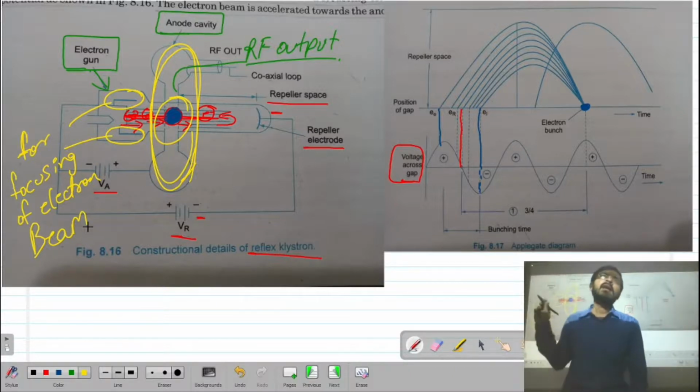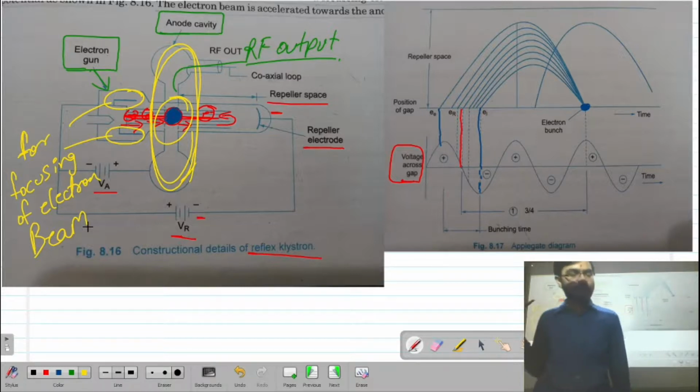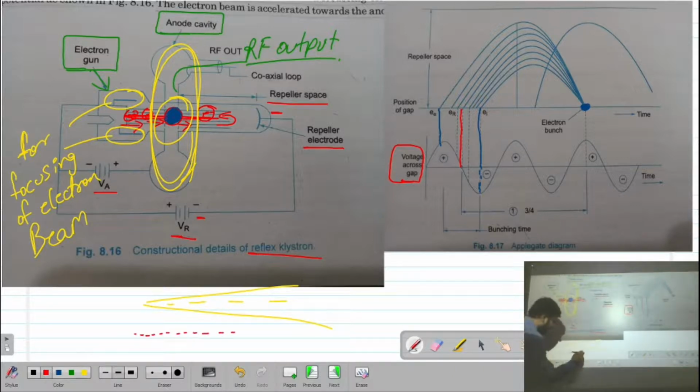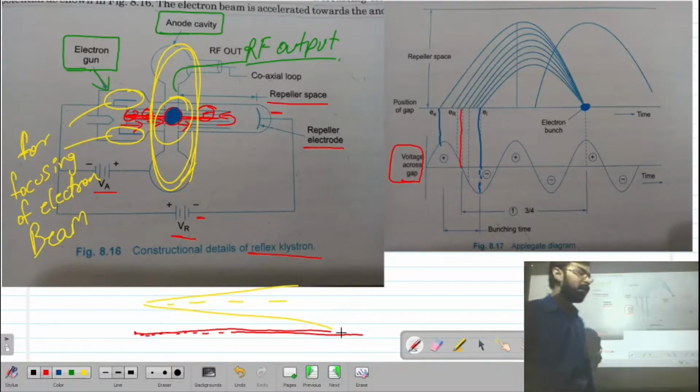These plates were also present in the two cavity klystron and reflex klystron. I think we forgot to discuss that, but these plates are there to focus the electron beam. It will not deviate the electron beam; it will only allow the electron beam to travel in a single path.